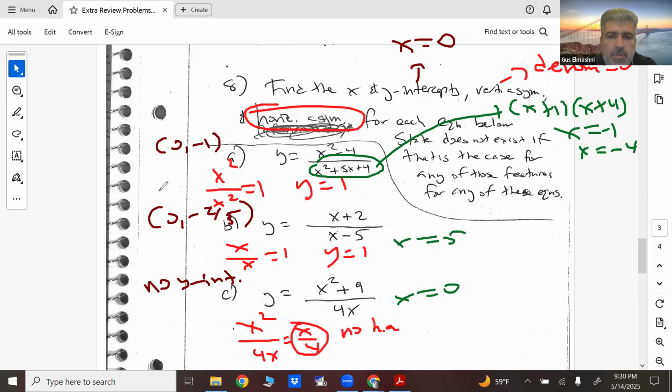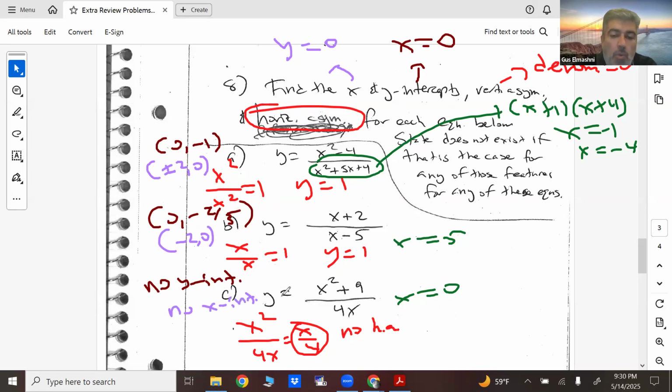Lastly, for x-intercepts, that's when y is 0. So really you just gotta look at when the top is 0. For A, that'll be plus or minus 2, 0. B is -2, 0. And then here you're not going to have any because that's going to be imaginary.